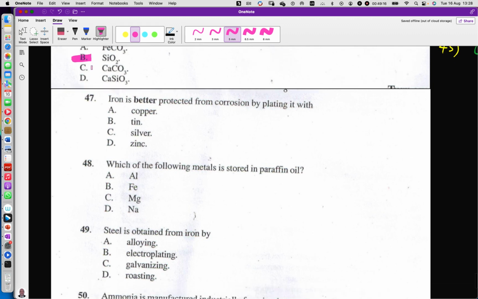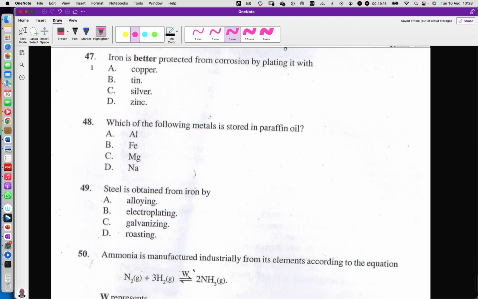Number 47. Iron is better protected from corrosion by plating it with copper, tin, silver, or zinc.